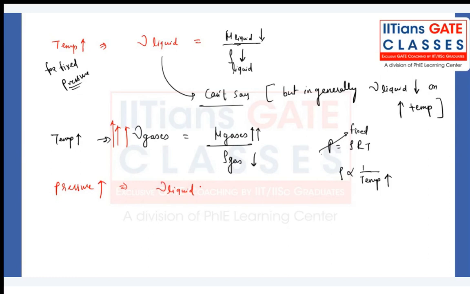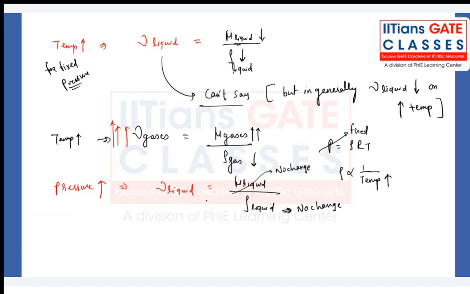When you try to increase the pressure, particularly mu of liquid by rho of liquid, you have to be very careful. The pressure does not basically increase or decrease the density of the liquid. It is incompressible, right? No change. Maybe any change will be there, that is 0.5%, and the viscosity will also have no change.